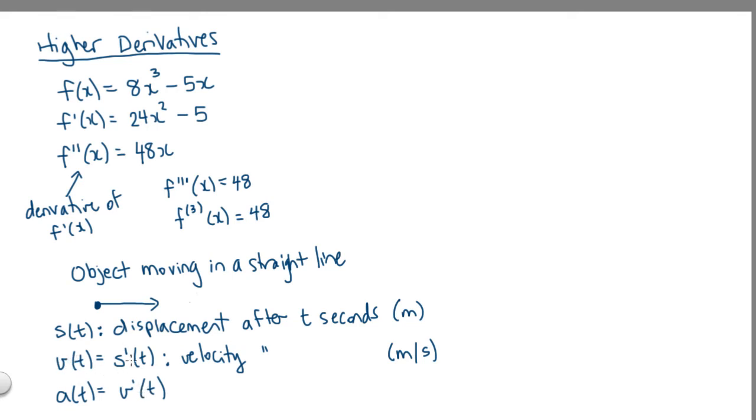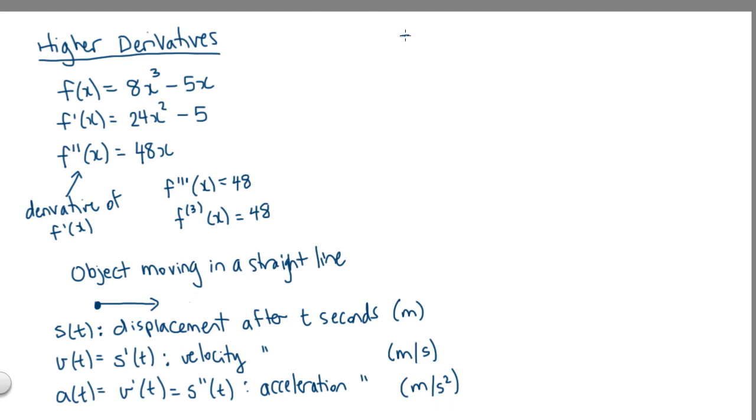Well, v itself is already a derivative of s, so we could rephrase this as saying the second derivative of s with respect to t. And this represents the object's acceleration, again, the acceleration after t seconds. So our acceleration will be measured in meters per second squared.